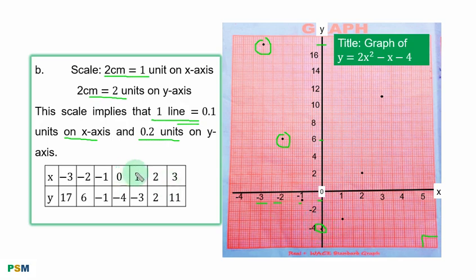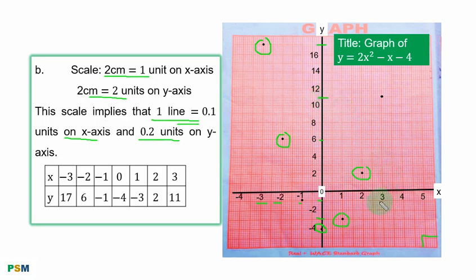When s is 1, y is minus 3. This is minus 3 for y, then s is 1. This is the point of intersection. When s is 2, y is 2. Somewhere here. When s is 3, y is 11. 11 is in between 10 and 12.